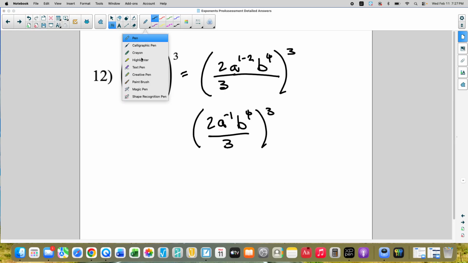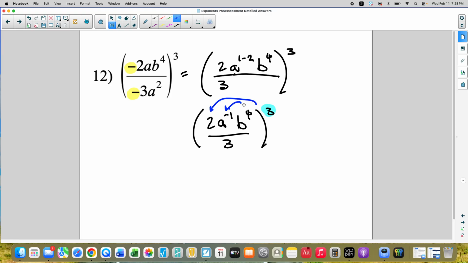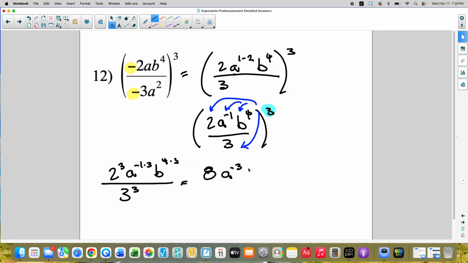So now let's distribute this. Let's distribute it to all of the pieces. There are 4 pieces that we're going to distribute it to. 1, 2, 3, and the 4th one down there. So that's 2 to the 3rd. That's a to the negative 1 times 3, b to the 4 times 3, over 3 to the 3rd. 2 to the 3rd is 8, a to the negative 3, b to the 12th, over 3 to the 3rd is 27.